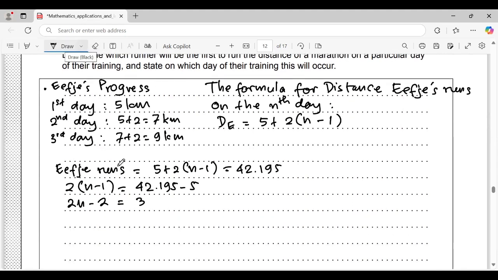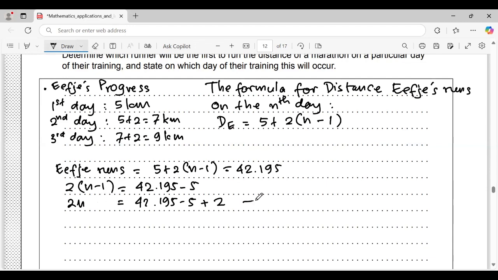Okay, wait, 42 minus, better if I write like this first. 2 will move here, plus 2, to n here.